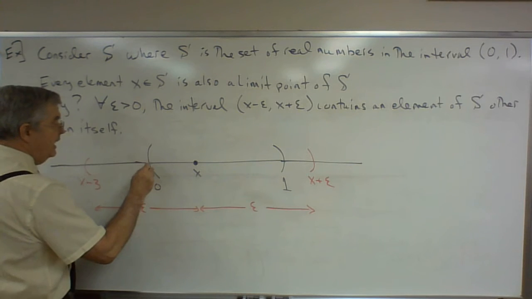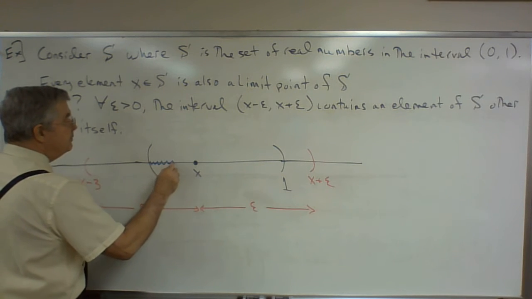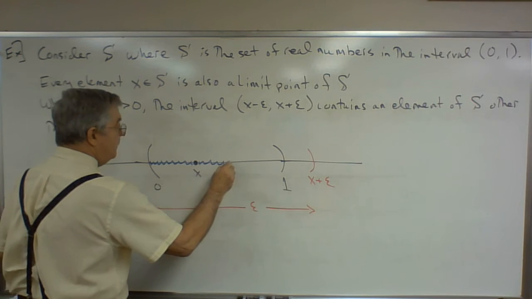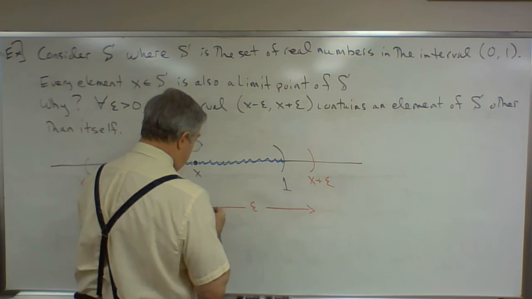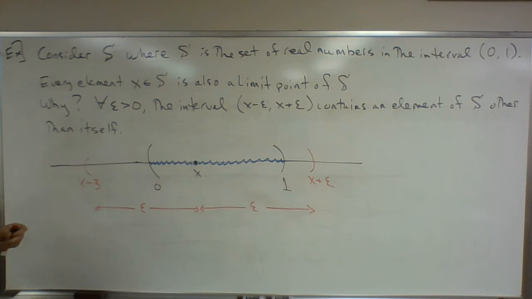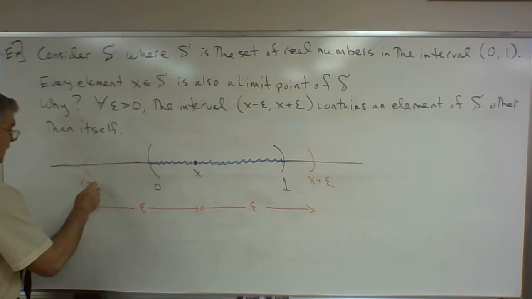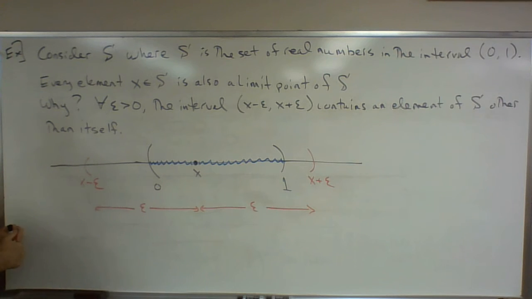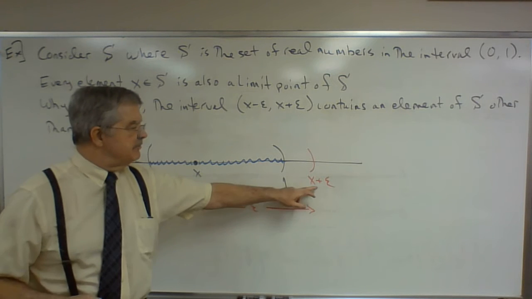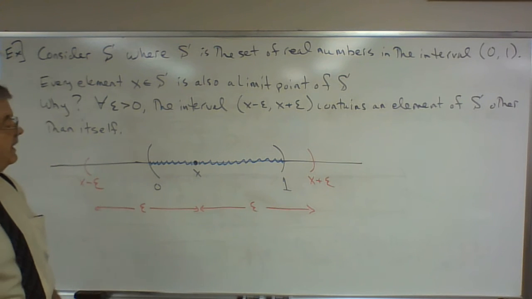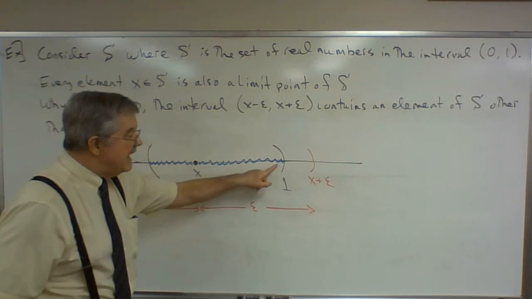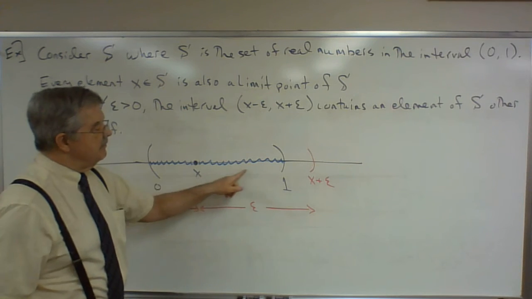Here's our set S again, all the real numbers between 0 and 1, not including 0 and 1. And if I pick a big value of epsilon, then the interval from x minus epsilon to x plus epsilon contains perhaps the entire set S, the entire interval from 0 to 1.